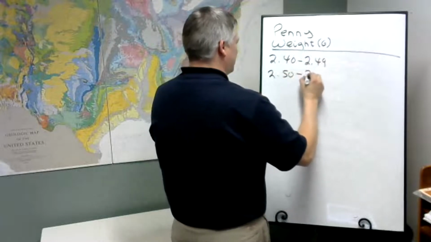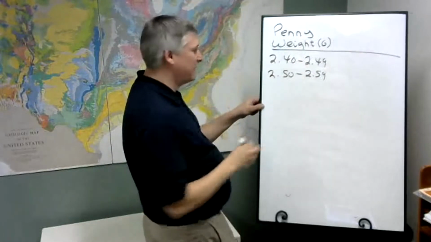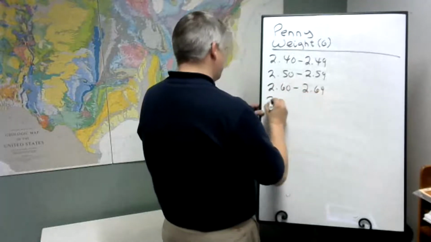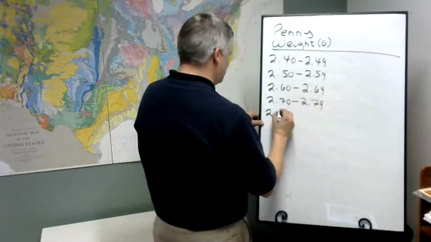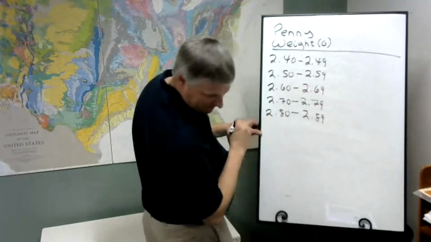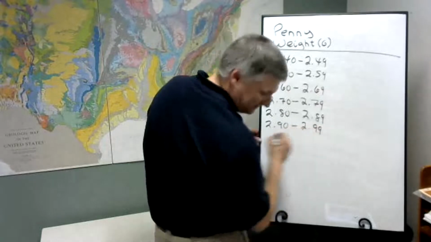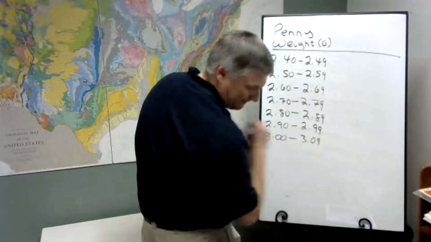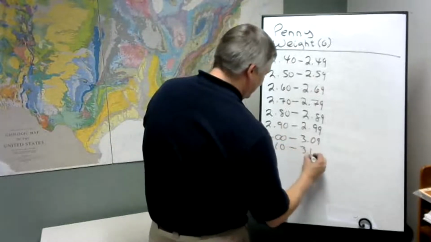So 2.40 to 2.49, 2.50 to 2.59, 2.60 to 2.69, 2.70 to 2.79, 2.80 to 2.89, 2.90 to 2.99, 3.00 to 3.09, and then finally 3.10 to 3.19.